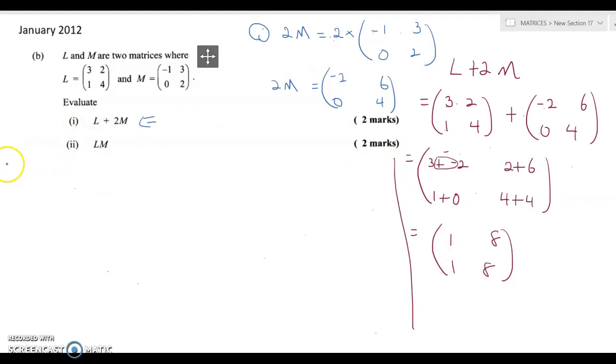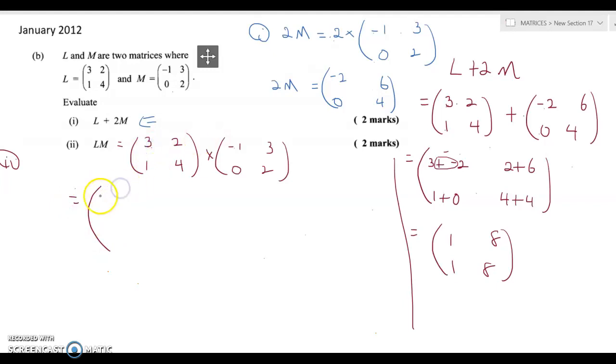And now for part 2, we want to find LM. So let's just write out LM. L, 3, 2, 1, 4, times M, minus 1, 3, 0, and 2. Again, same thing, row by column, 2 by 2 matrices. So first row by first column, so 3 by the minus 1, plus 2 by 0.